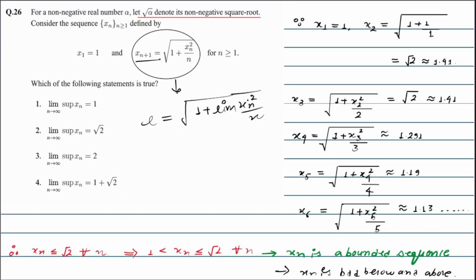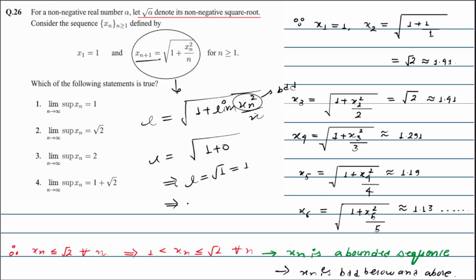Now we know that xn is bounded, so this term is always a bounded term. So if n tends to infinity, this whole thing will be 0. So I get L is equal to root 1 plus 0. This means L is equal to under root 1, which is 1, as given in the question that root of 1 is always positive.